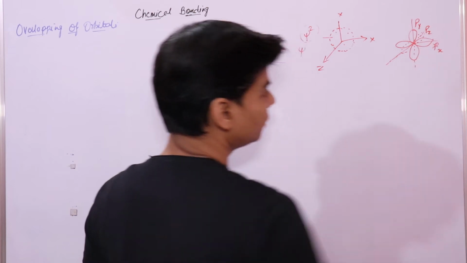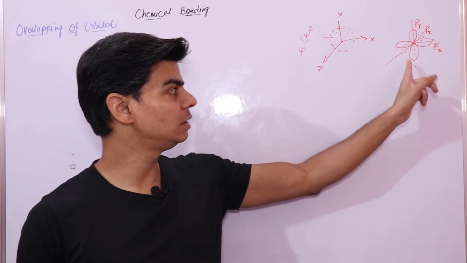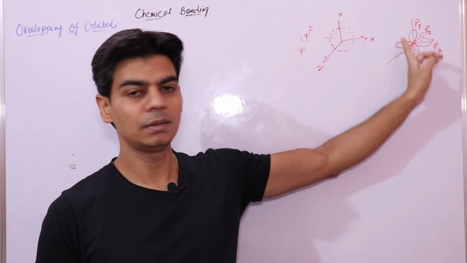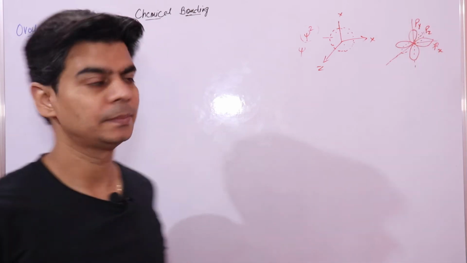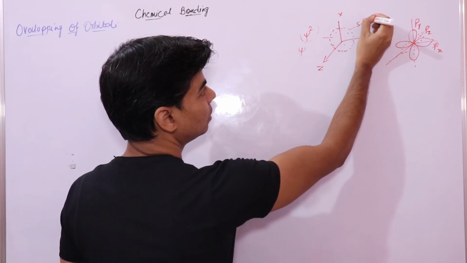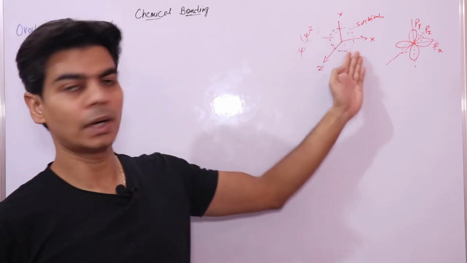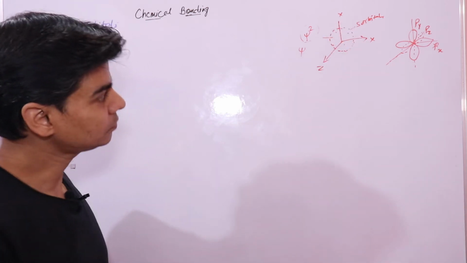So these are different orientations of p orbitals. P orbitals have three orientations: px, py and pz. And this is your s orbital. An s orbital has only one orientation.